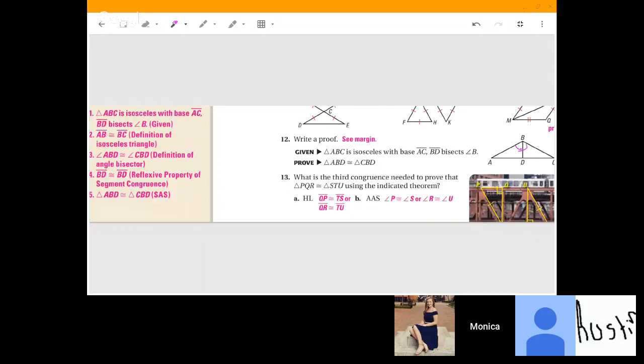And then what can we use this part of the given to show? If it's an isosceles triangle, what does that tell us?